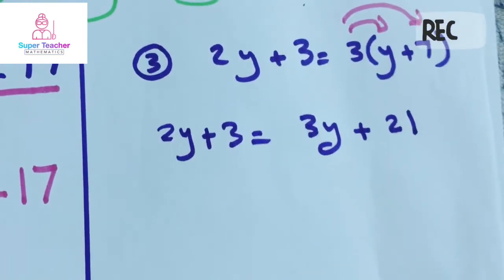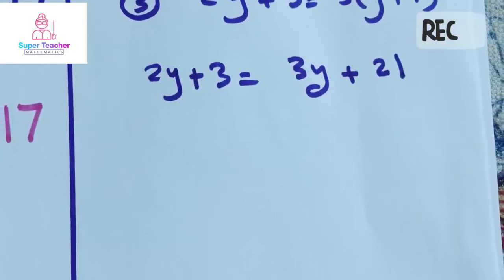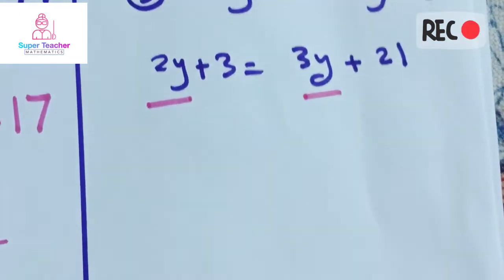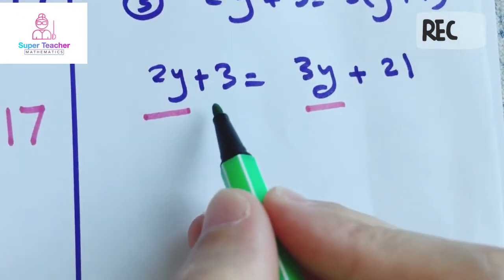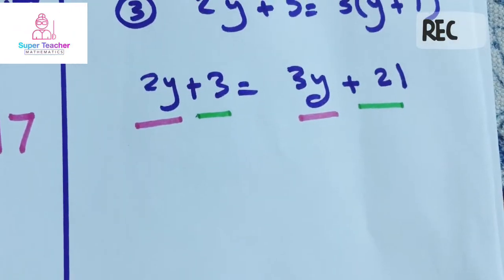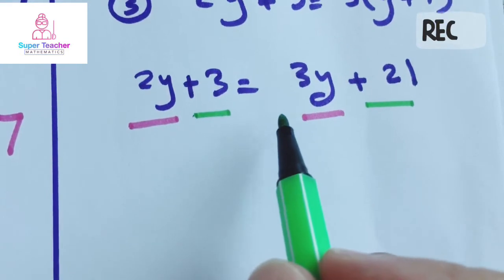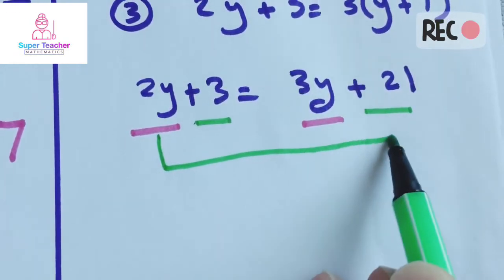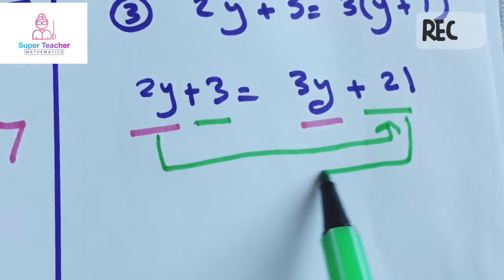Now I can do the same thing as question 1 and question 2. I just put lines under the like terms to move them. I want to see which one I have to move to where. This time also I will move the 2y here, and I'll bring the 21 here.